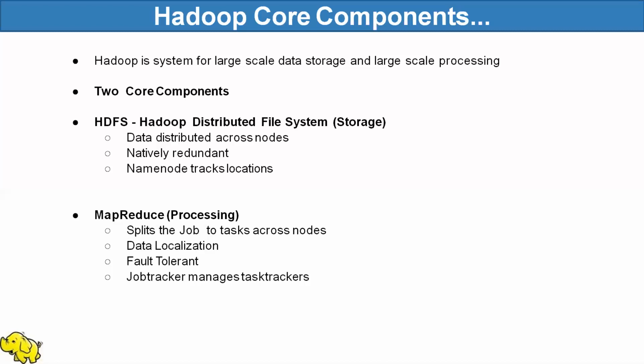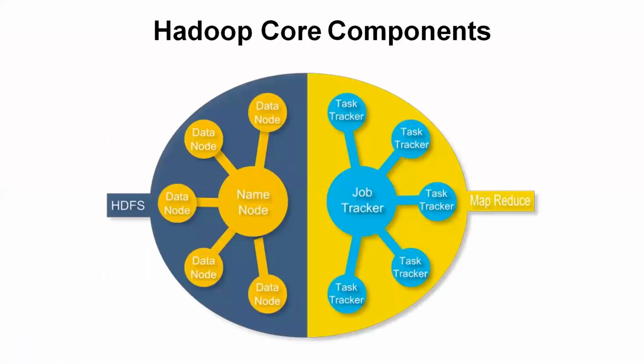As Hadoop is a distributed file system, fault tolerance is a major characteristic of Hadoop. And thereafter, the job tracker manages the task trackers. Okay. Let us discuss these differentiations.